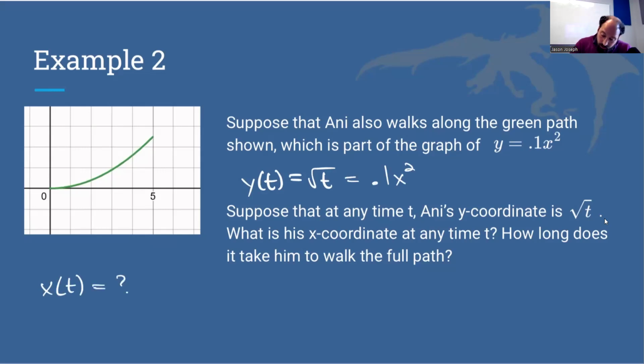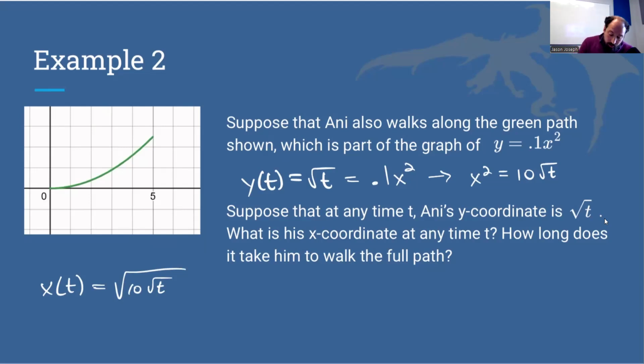Coming back to here, 0.1 is 1/10, so that means x squared equals 10 square root t. Then I could take a square root, square root of 10 square root t. It looks like x is positive, so I don't have to worry about the negative square root.